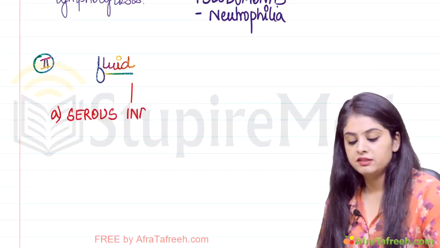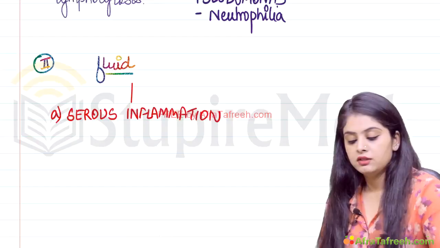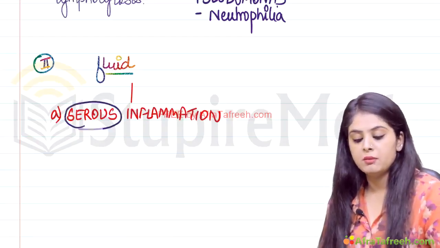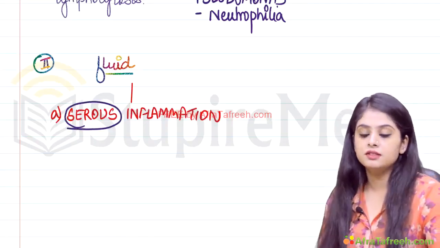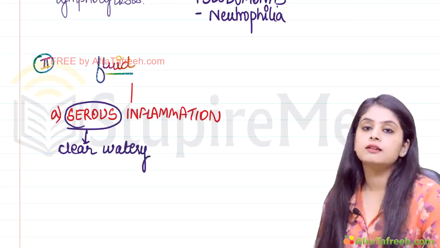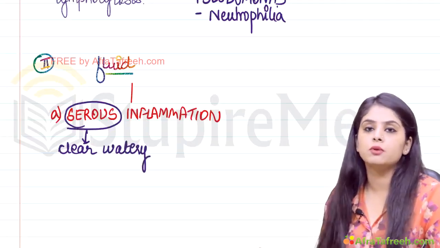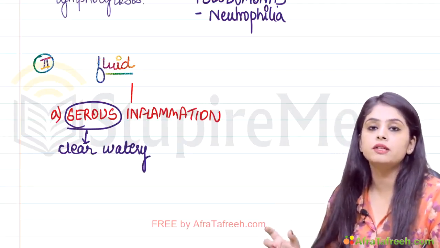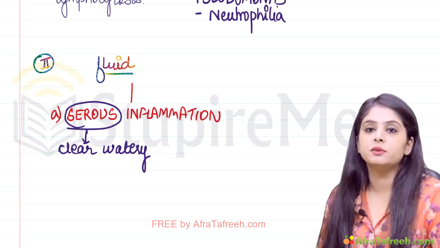Now, students, for the rest of every subject that you will deal with, remember, whenever we come across the term serous, it means clear and watery. It will always mean clear and watery. Wherever you come across this term, anywhere now onwards, clear, watery fluid, it will be a serous fluid.